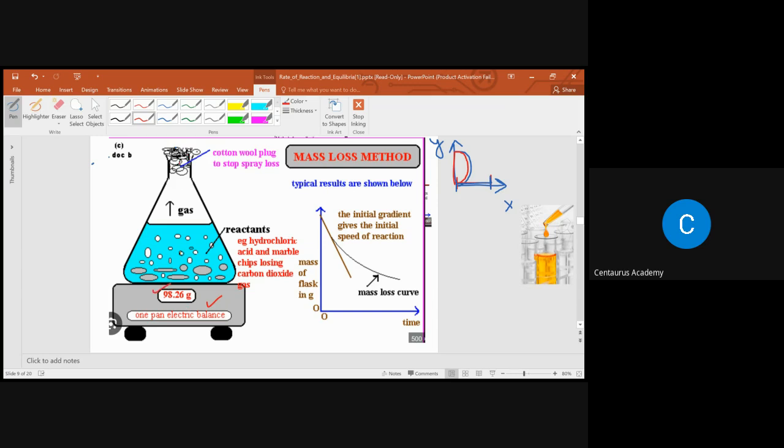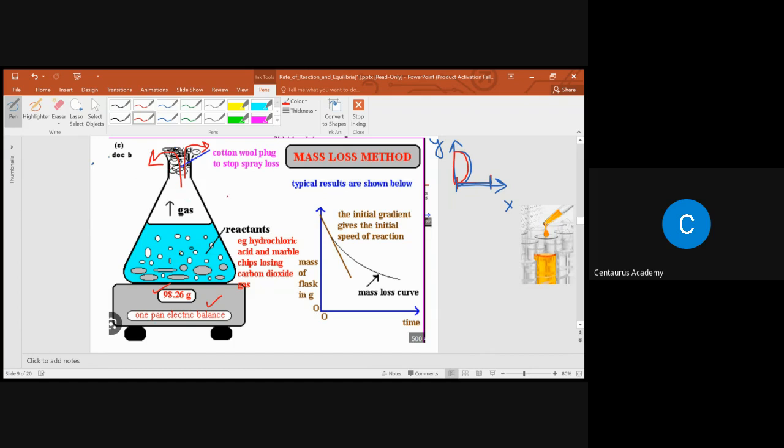A cotton wool is placed at the mouth of the conical flask. Why? To prevent any of the contents of the mixture from leaving the reaction vessel. But placing this cotton wool does allow any of the gaseous molecules or the gases which are produced to escape through this conical flask.